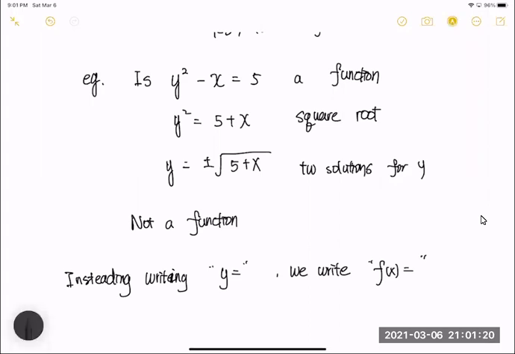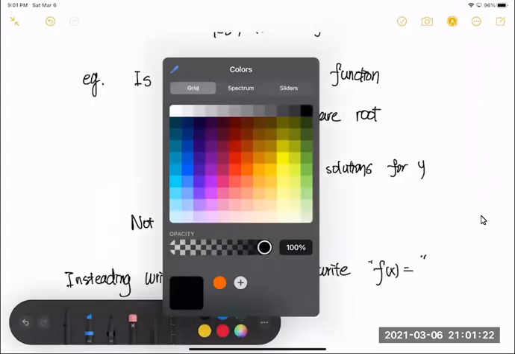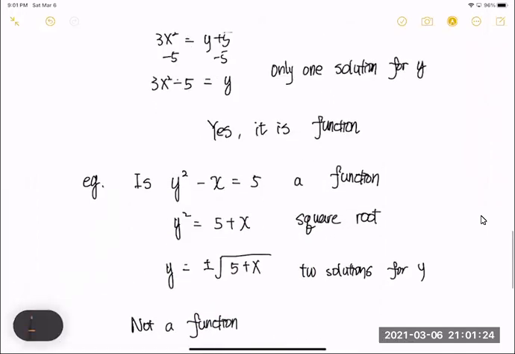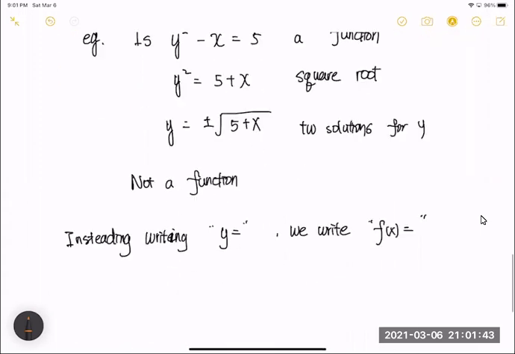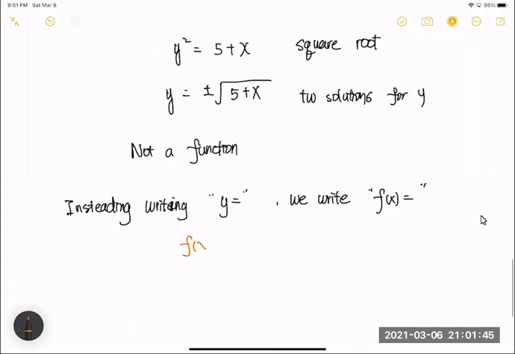So let's look at our previous example. In here, we know that this is a function. We don't want to write this as y, we want to write it as f(x). So the function notation should be f(x) equals 3x squared minus 5. These two are equal. You can just think about f(x) equals y. You can think about it that way.